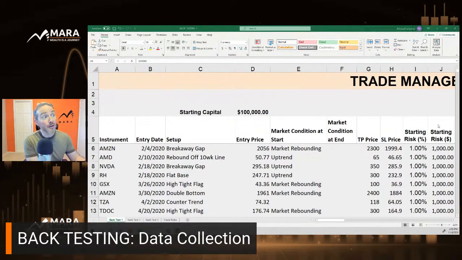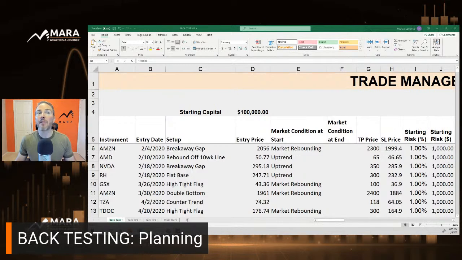So when I'm going back and starting to test things, and now we're getting into the next part about planning, I could say, I took these trades. What happens if I manage them in a different way?